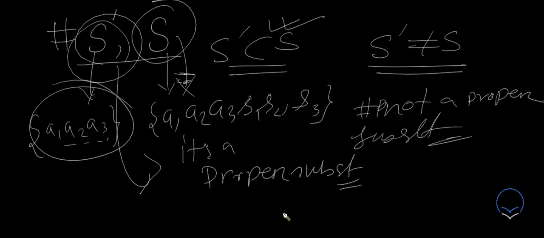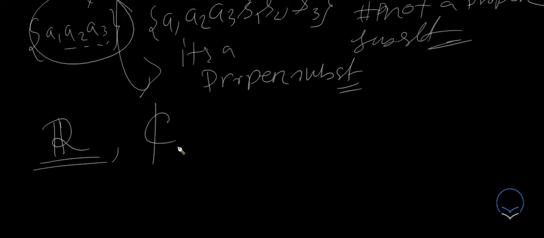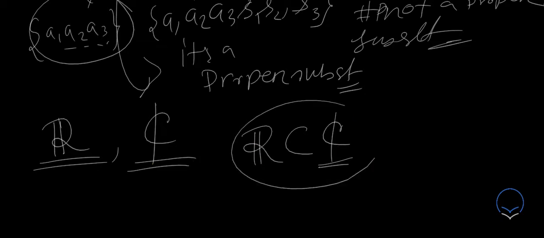And we can say, let's take the examples from our real and complex numbers. Let's denote the set of real numbers as this bold R and the set of complex numbers like this. We can immediately conclude that the real numbers are a proper subset of the complex numbers, right?